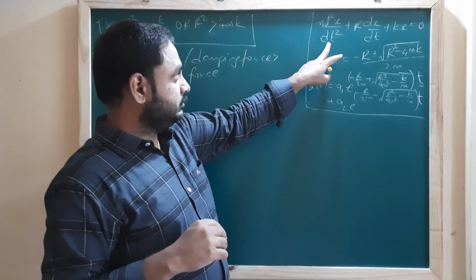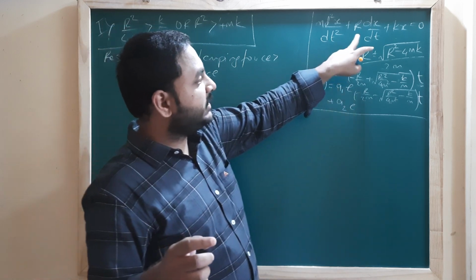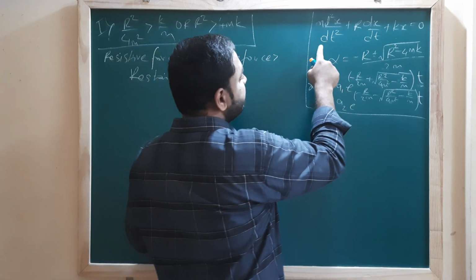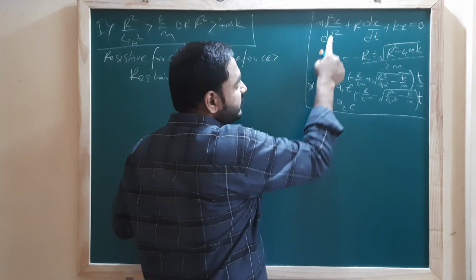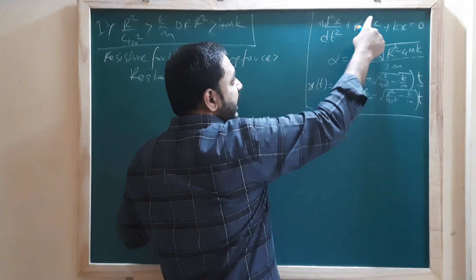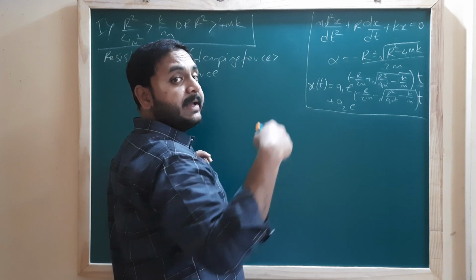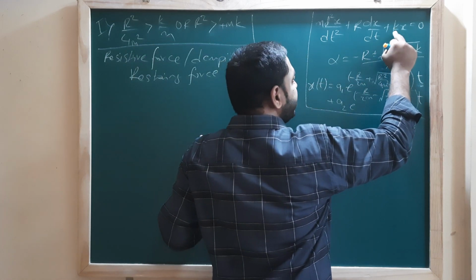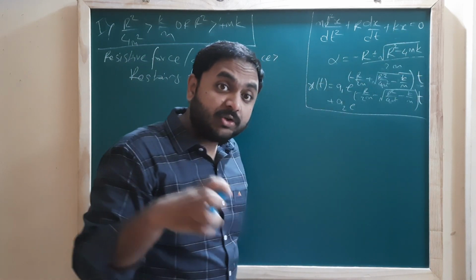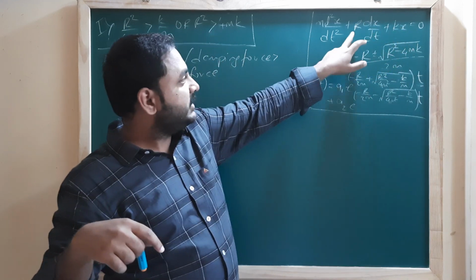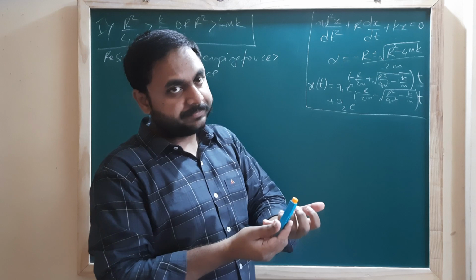Now, in the previous video, we studied the differential equation of damped oscillatory motion. What was the differential equation? m d2x by dt squared, this is the net force, plus r dx by dt, this is the external resistive force of the medium, and kx, which is nothing but the restoring force of the oscillator. This is a property of the oscillator, this is a property of the external medium.